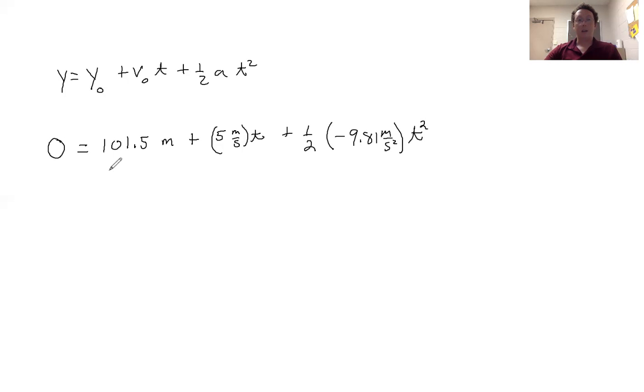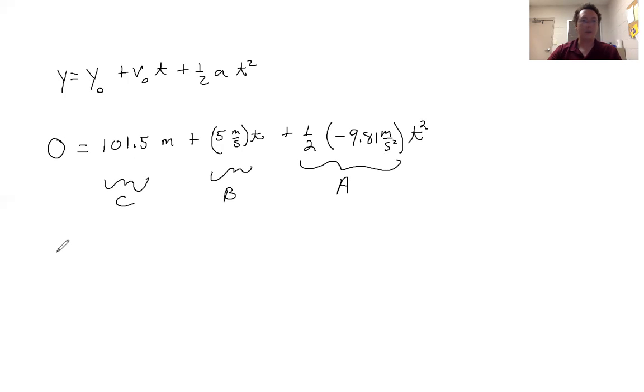Okay, so the coefficient of time squared is a, so this is a, including the minus sign. This is b, and this is c.